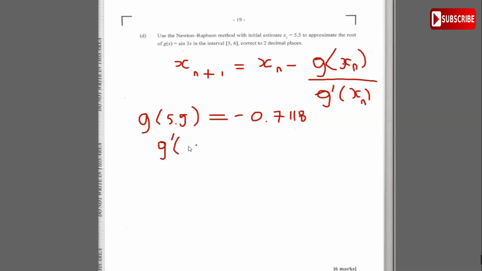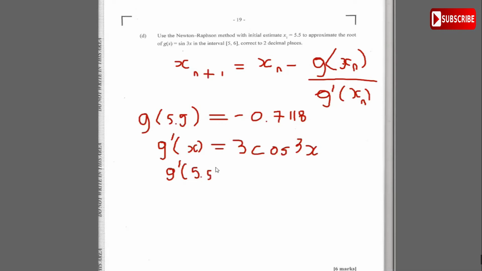If this is now g of 5.5, we need to find g prime of x now. G prime of x will be equal to, you differentiate this function with respect to x. When you differentiate sine, you get cos. So you get 3 cos 3x. And so we need to find out what is g prime of 5.5.